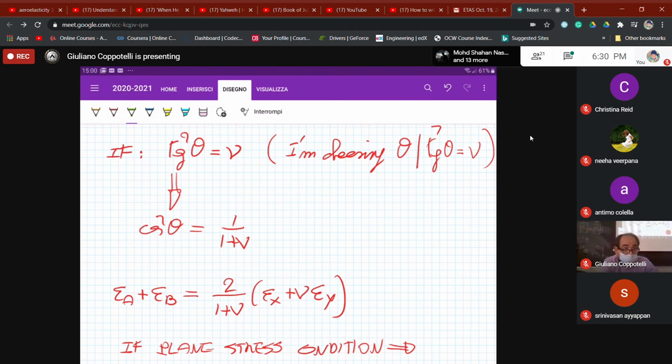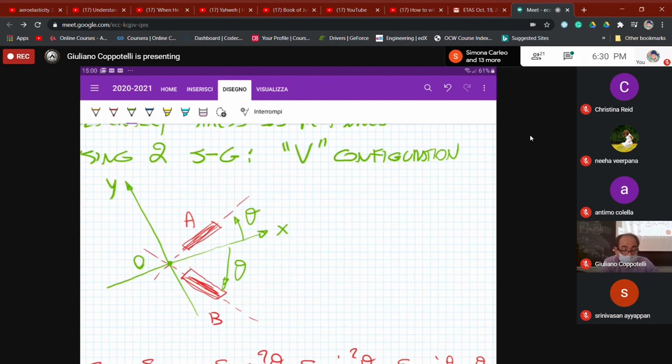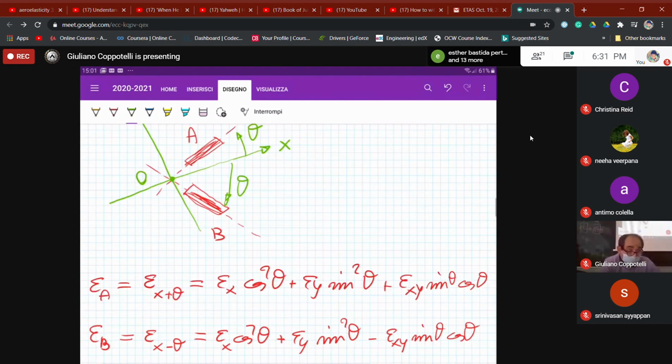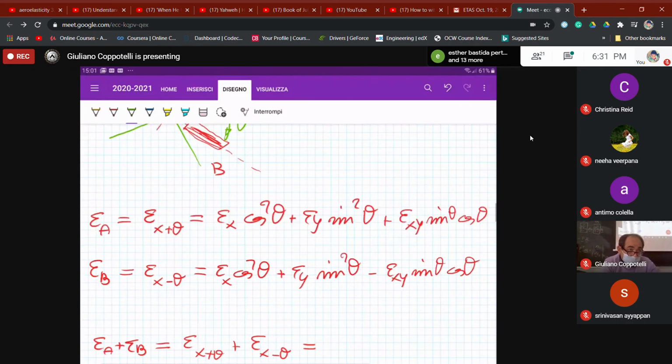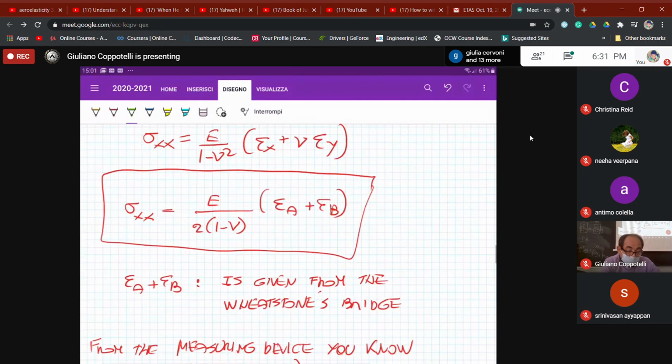Okay. Remember, you are having this configuration that is two strain gauges A, B that are oriented in whatever way. Depends on what you want to do. Okay. If you want to have the stress, normal stress, we proved that you get this very nice equation.